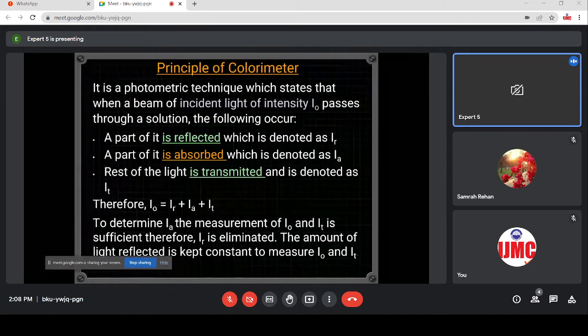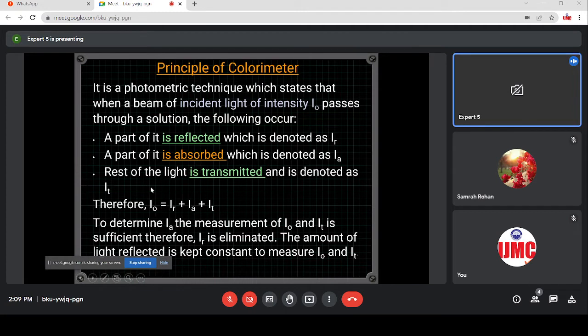What is the basic principle of colorimetry? It is a photometric technique which states that when a beam of incident light passes through a solution, the following occur. Some part is reflected, some part is absorbed, some part is transmitted.